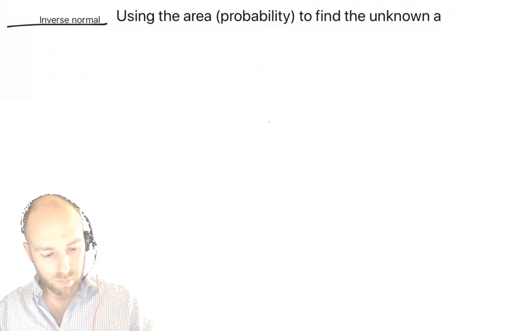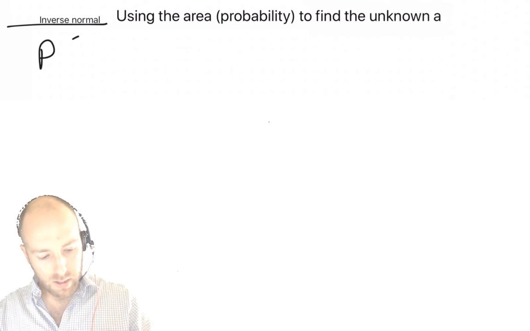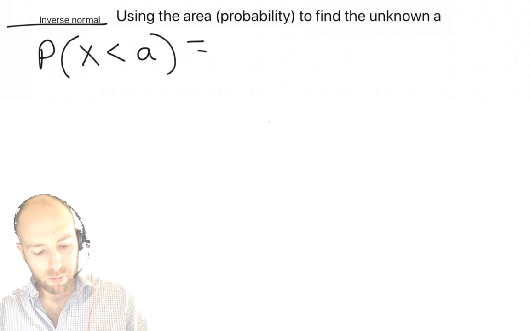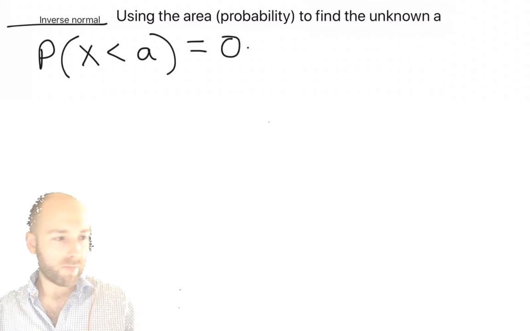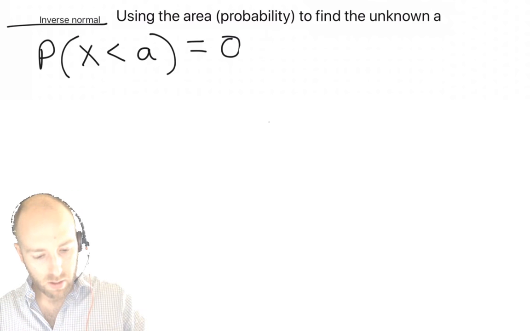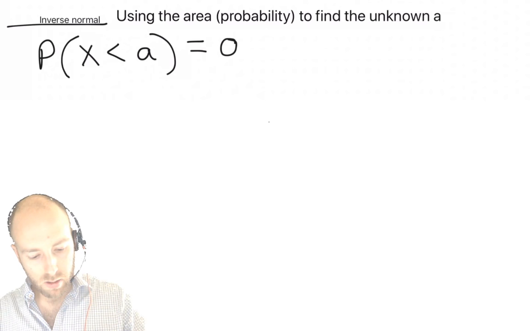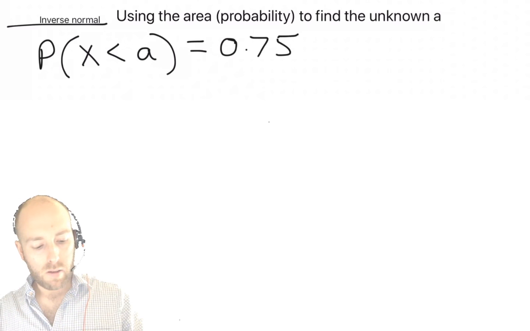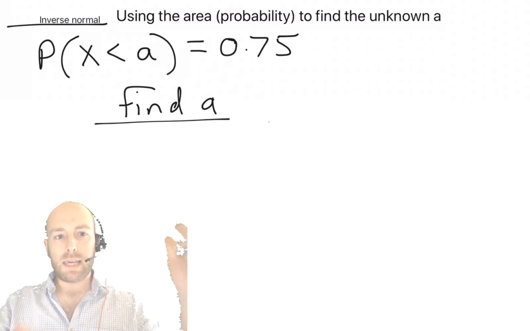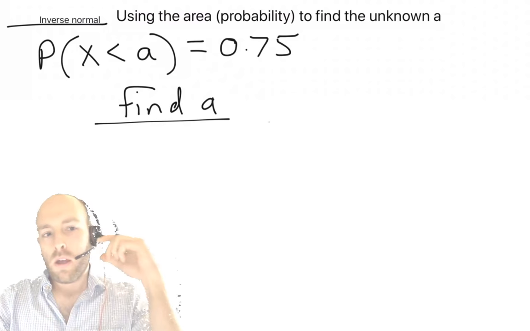So in other words, we know the probability X is less than A equals, and we probably know the probability, I don't know, 0.4. Actually, let's do 0.75. So this is an inverse normal style question.